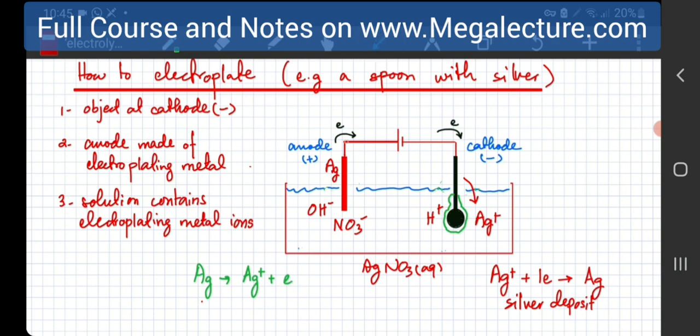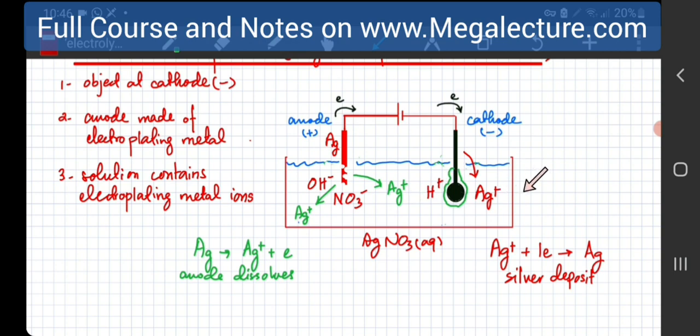And always remember, silver is always plus 1. So the anode will start producing Ag plus 1 ions. It will slowly start to dissolve. It will start getting used up. So this is how electroplating is happening. One side is producing silver ions, the anode is dissolving and it's producing more silver ions.